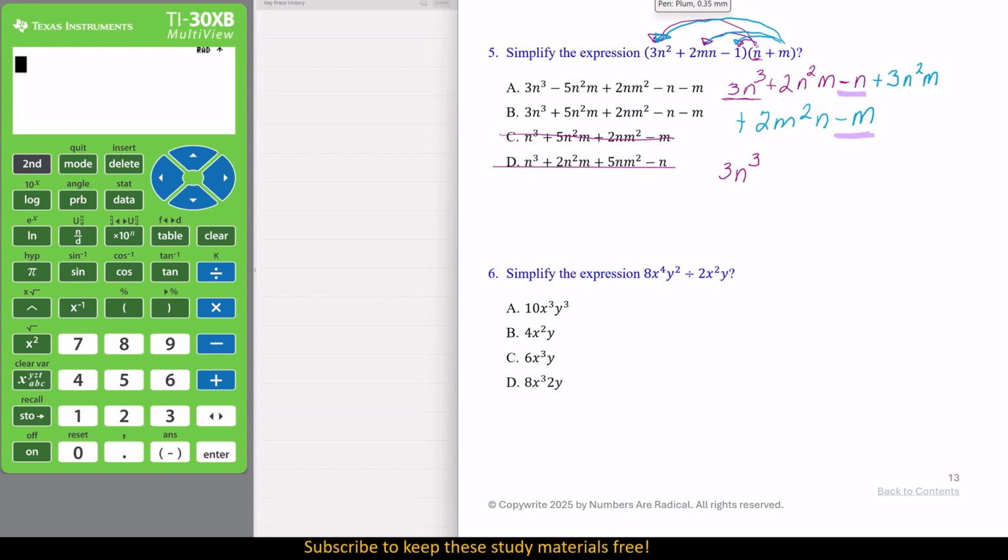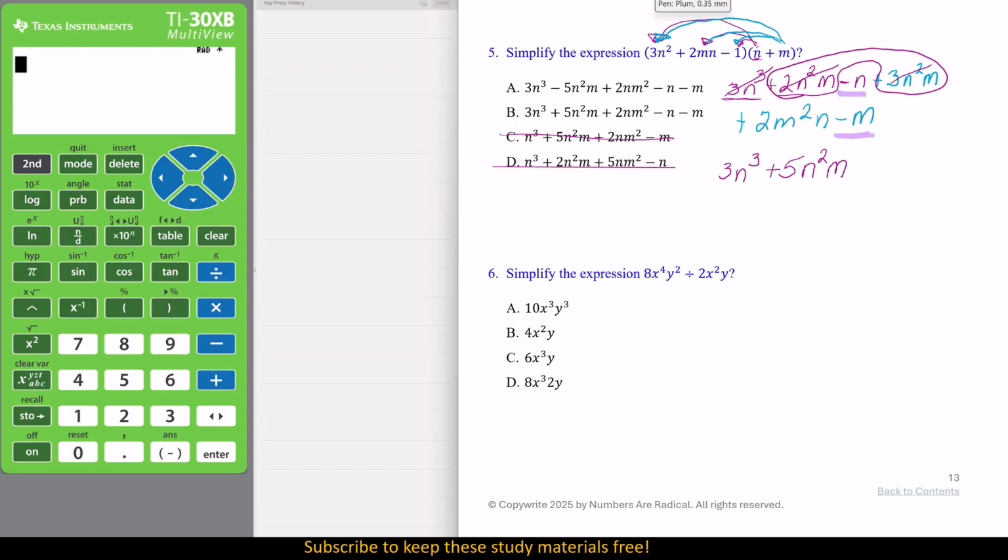Now let's see what we can combine. I see a like term situation right here. Those need to be added. So I see plus 5n squared m. So I've written this one out and those two.